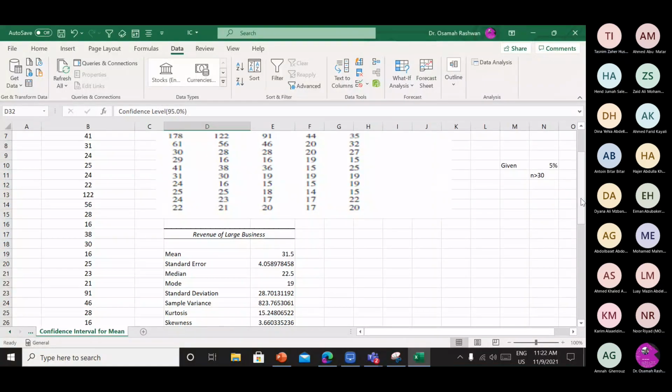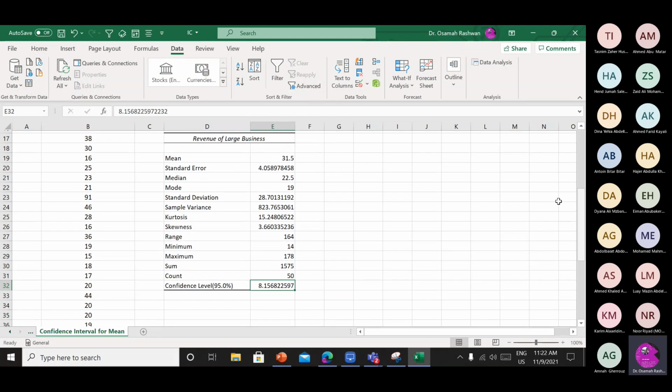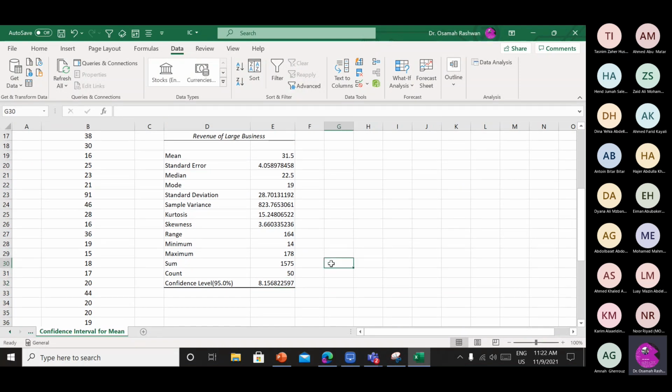So this is your value. I would like to have the lower bound. How to find the lower bound?